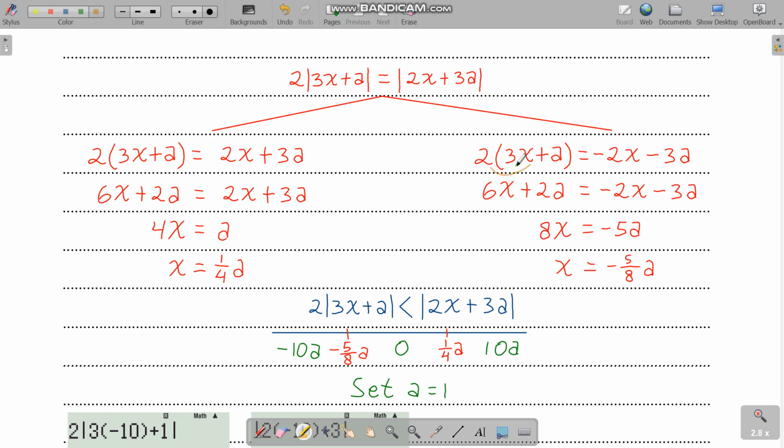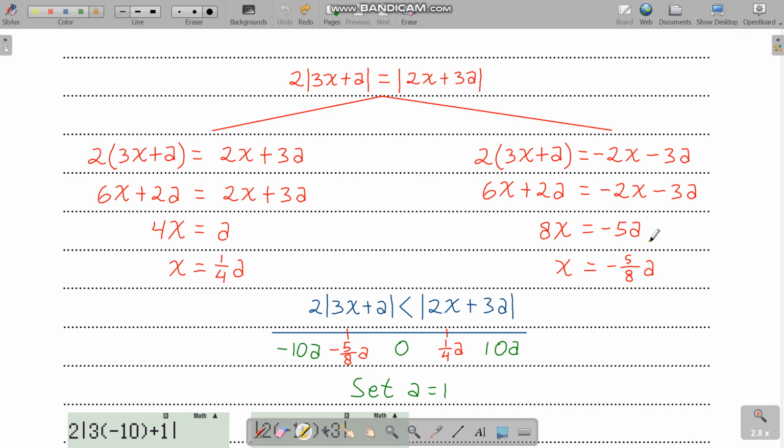Same thing, we expand, and then we add 2x to both sides, we get 8x, and we subtract 2a from both sides, we have minus 5a, and divide by 8, we get the other x value, the solution.